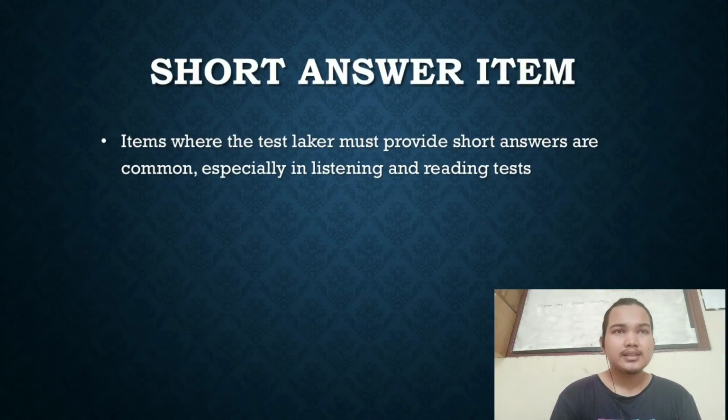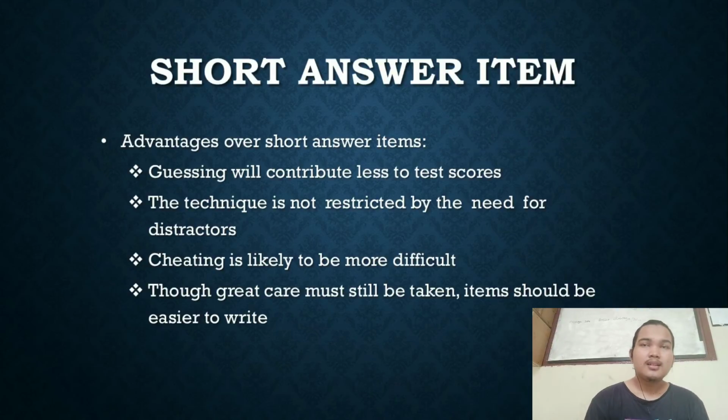Short answer items. Items where the test taker must provide short answers are common, especially in listening and reading tests. Advantages over multiple choice items: guessing will contribute less to test scores.